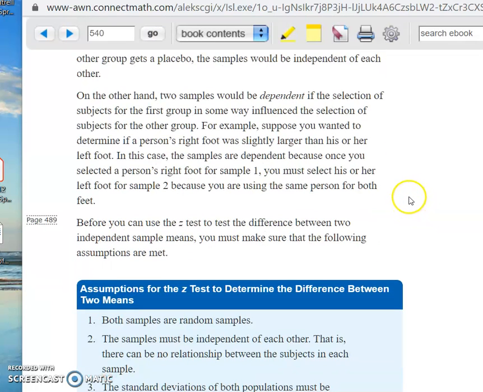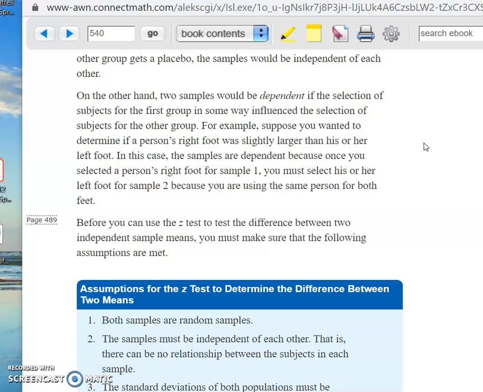So they're using the example of the right foot and the left foot. How about husband and wives? Husband and wives is probably as good an example as any. Another one might be if the random variable is your performance on a test before and after you took a review class.